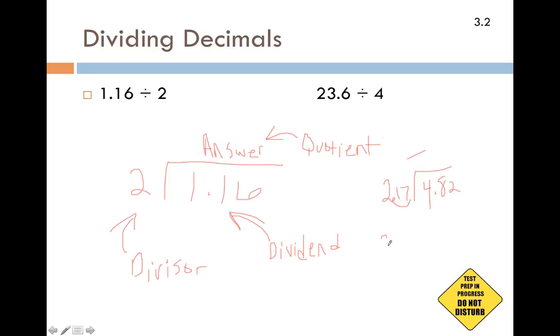That's going to give us 217 because we moved it right to the end of the divisor. Now, if we moved it 2 places in the divisor, we've got to move it 2 places in the dividend. When we move it 2 places there, that's going to give us 482.